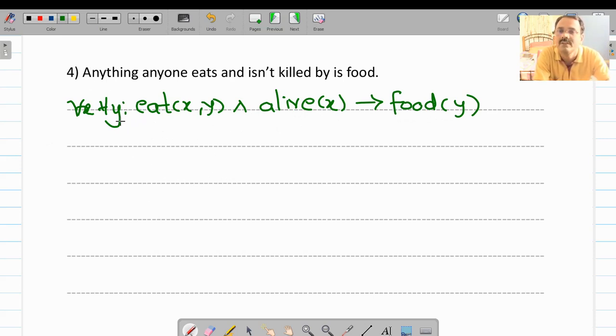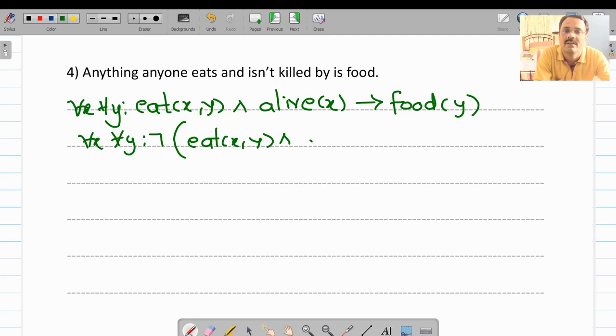So first we will remove this implication. A implies B is equivalent to not A or B, that we have applied. That will give me for all x, for all y, not in the bracket, eat x y and alive x, not this, or food y as it is.